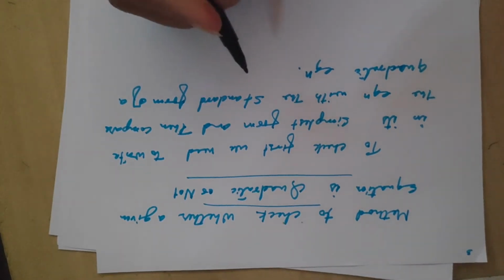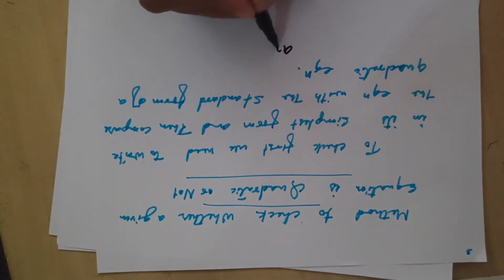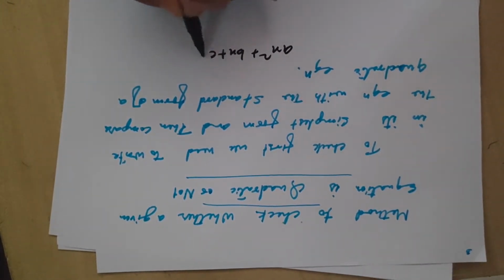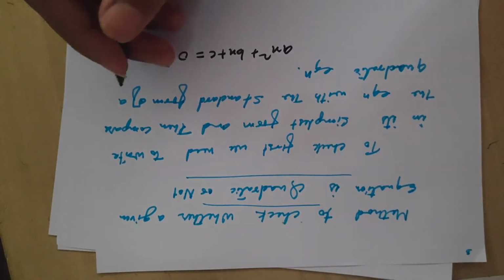And one thing that is very important: if the equation is written in this form, then only we can say it is a quadratic equation, otherwise it will not be a quadratic equation.